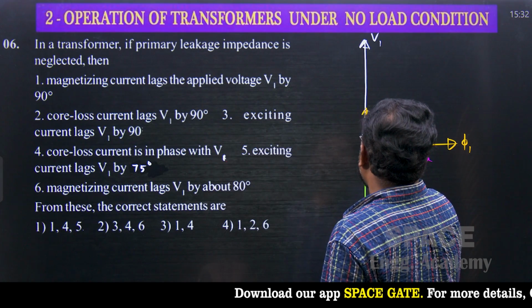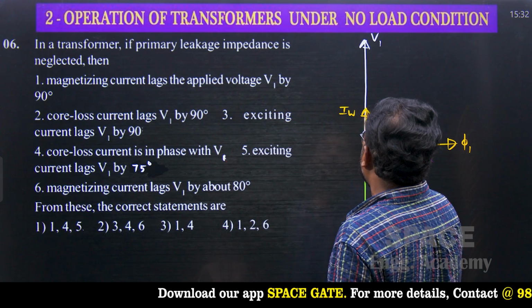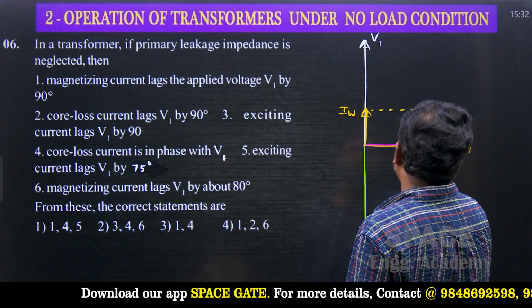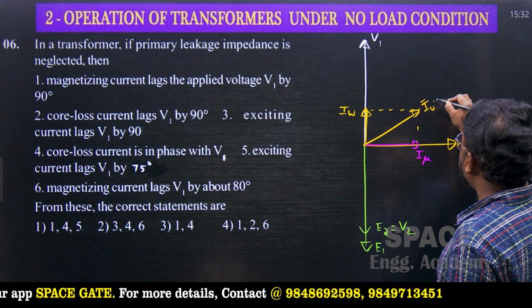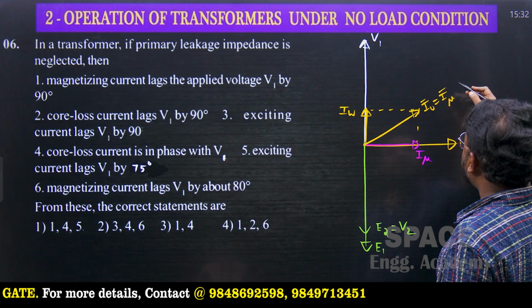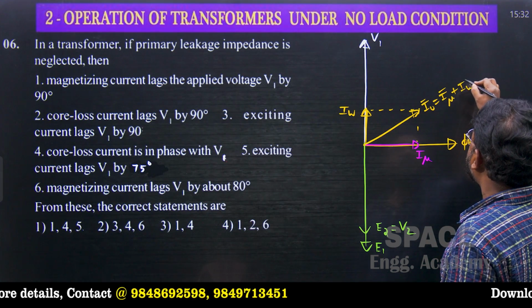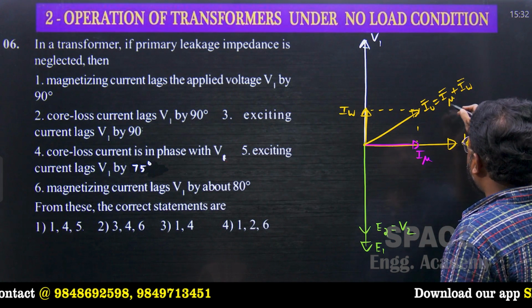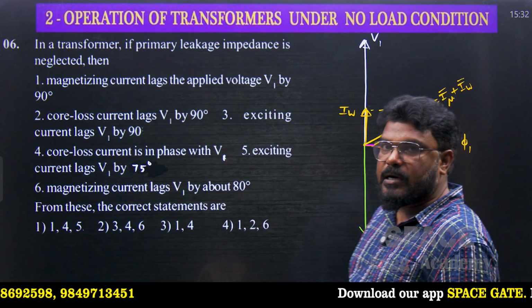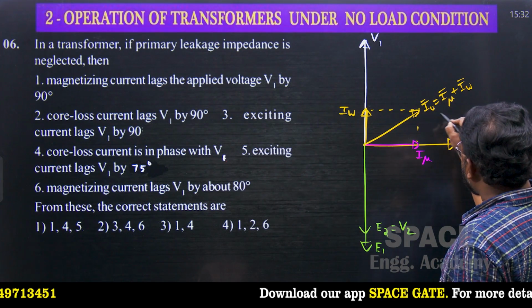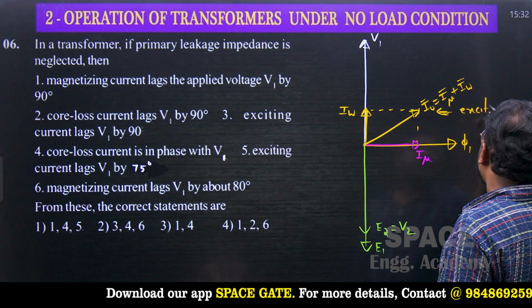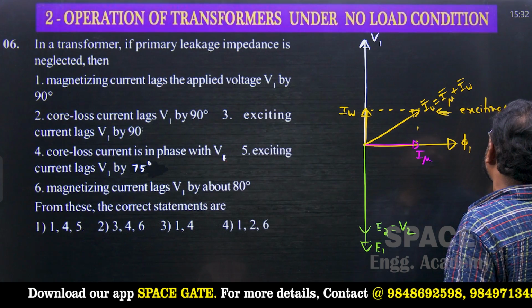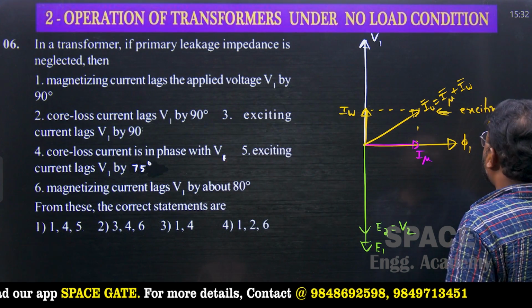So this is the iron loss component of the current, Ic. The vector sum of these two currents, the iron loss component and the magnetizing current, gives the no load current. Another name for this no load current is the exciting current of the transformer.